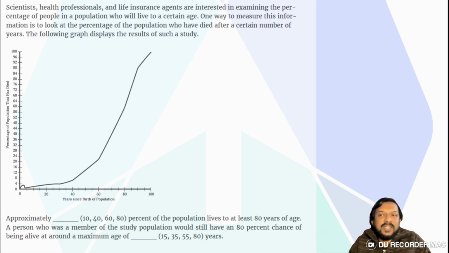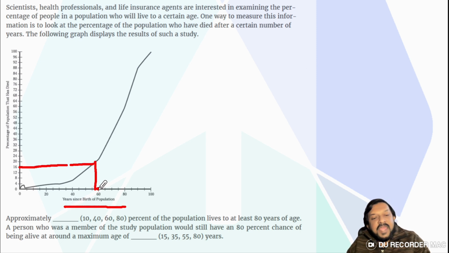So now if you spend some time on this graph, you'll automatically understand that we are talking about an interrelationship between age and the percentage of people who have died. For example, if you look at around 60, and you don't really need to draw this diagram per se, if you understand that in the horizontal scale we are talking about the age of people, years since birth, and in the vertical we are talking about the percentage of people who have died.